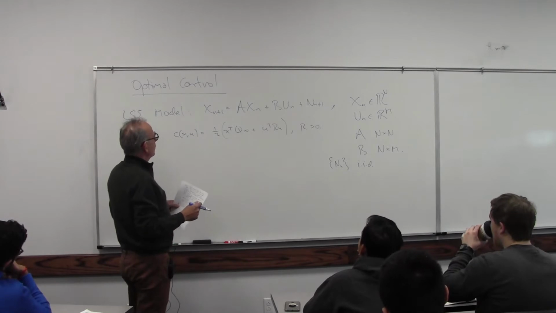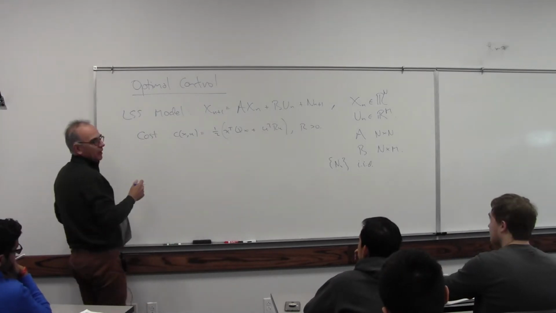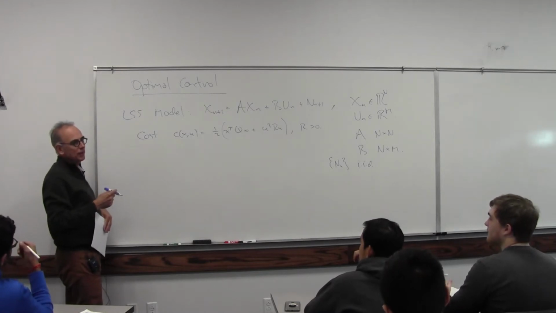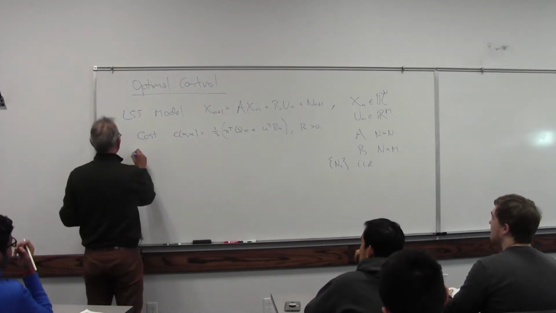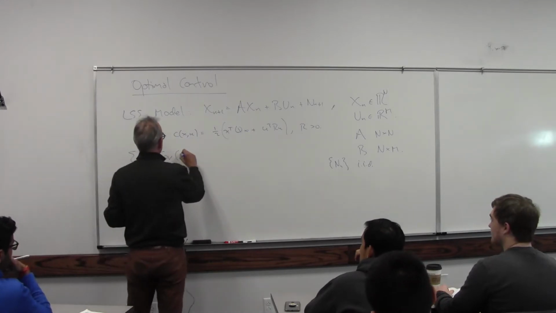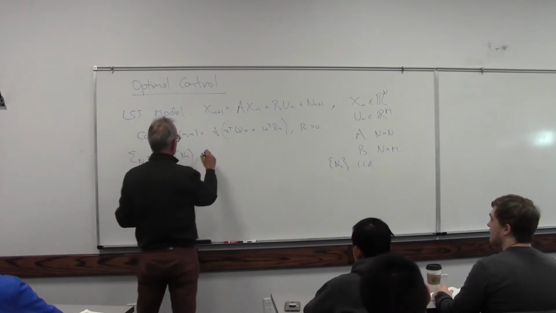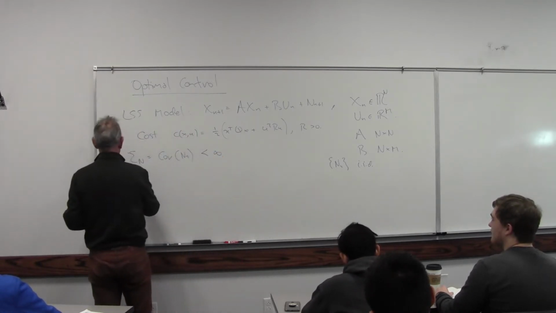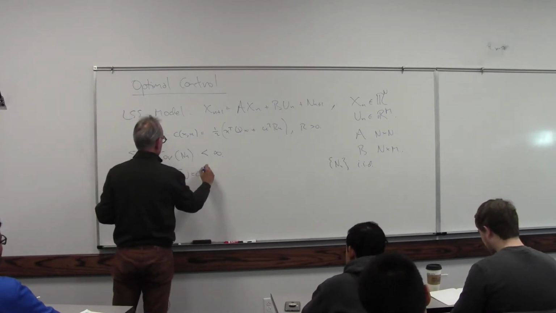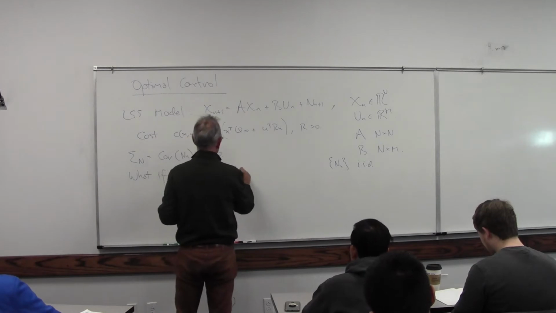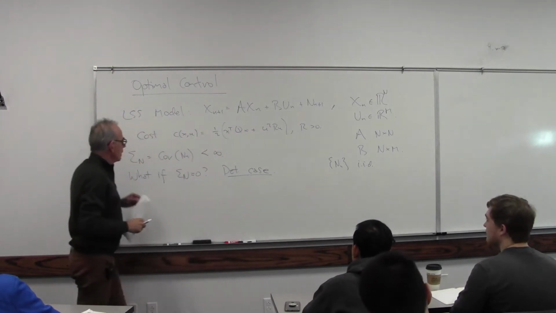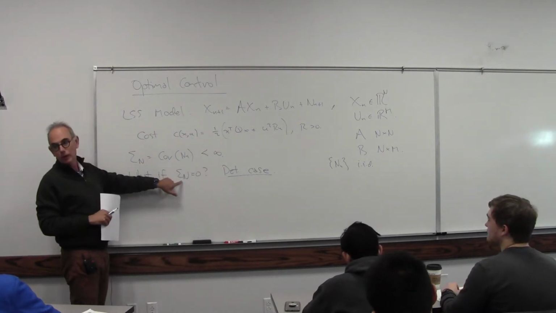And so basically, I guess you haven't, but some of you have seen the case where the noise is 0. So, okay, what happens if the covariance is 0?